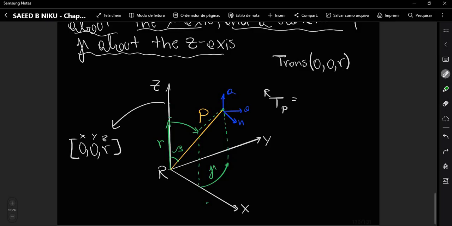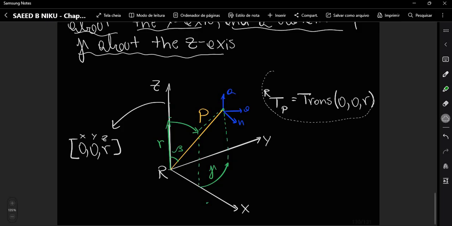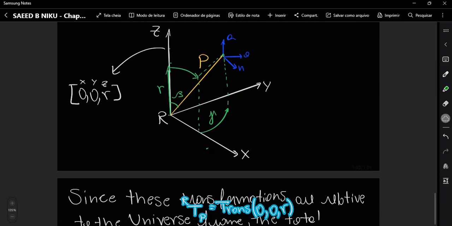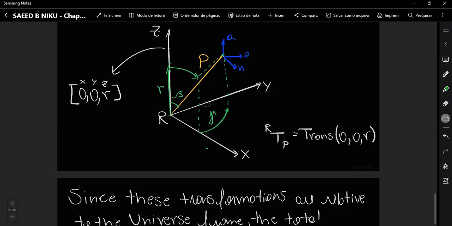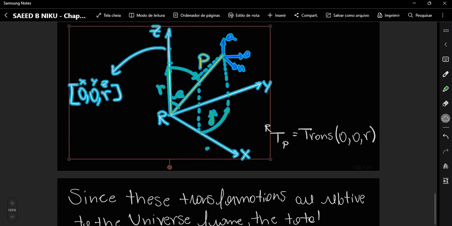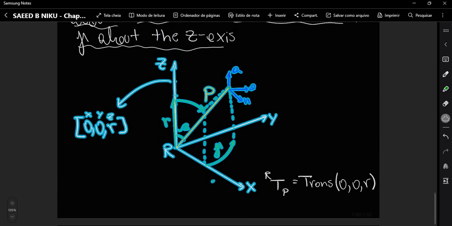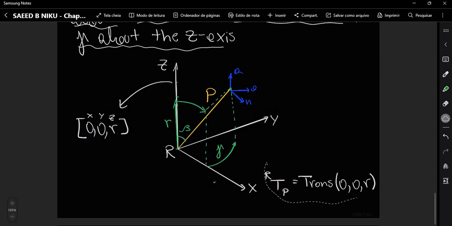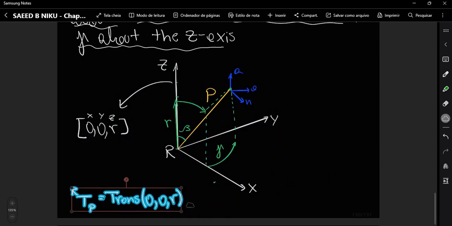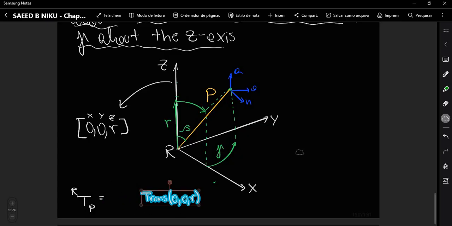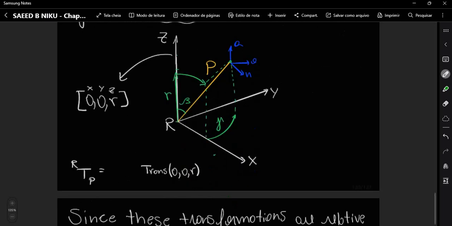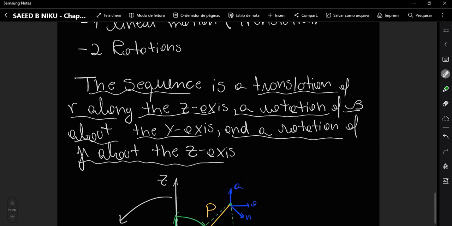Let me place this a little bit up about right here. Okay. And the other transformation is a rotation of beta about the y-axis.